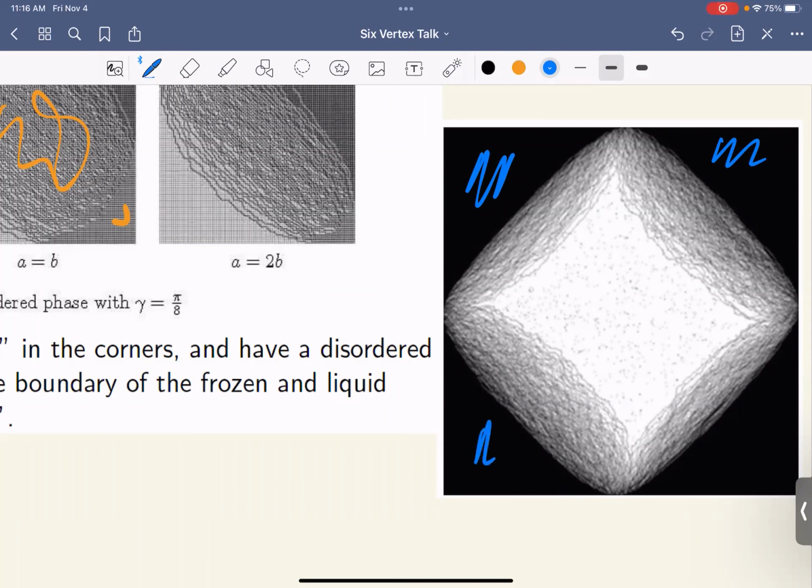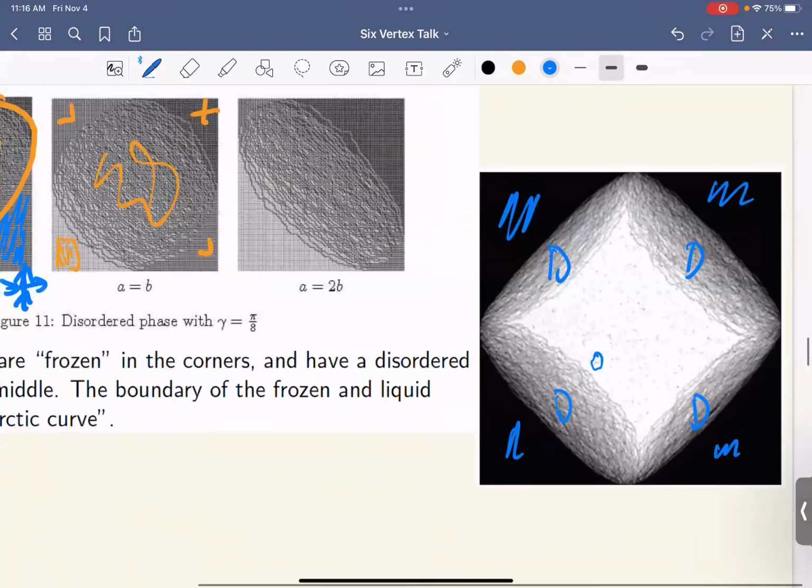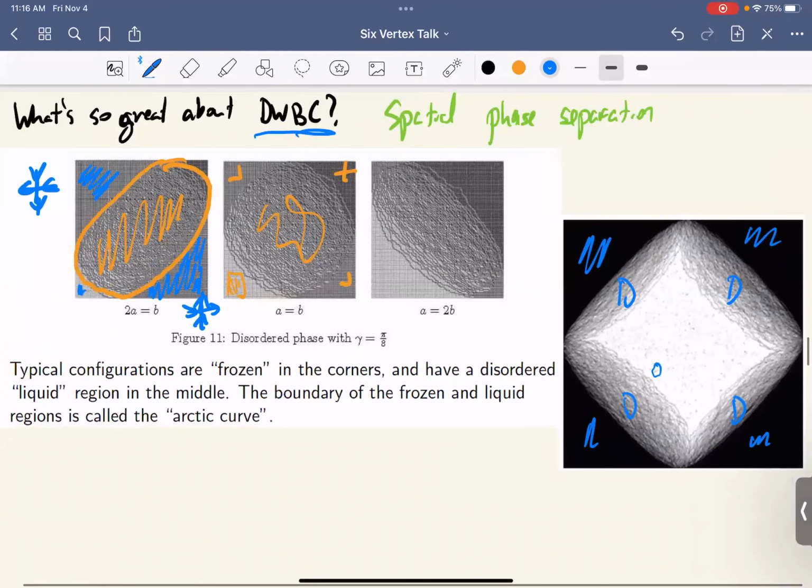So there's none of them in the corners, and there's a lot of them in the middle, but it's not totally frozen. So the middle's not completely white. There are these little islands of non-type 5 and 6, and in between there's a disordered region. So this is a very interesting picture.